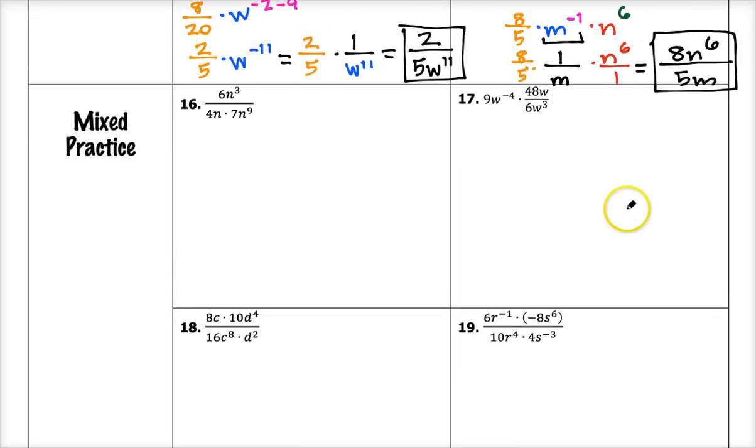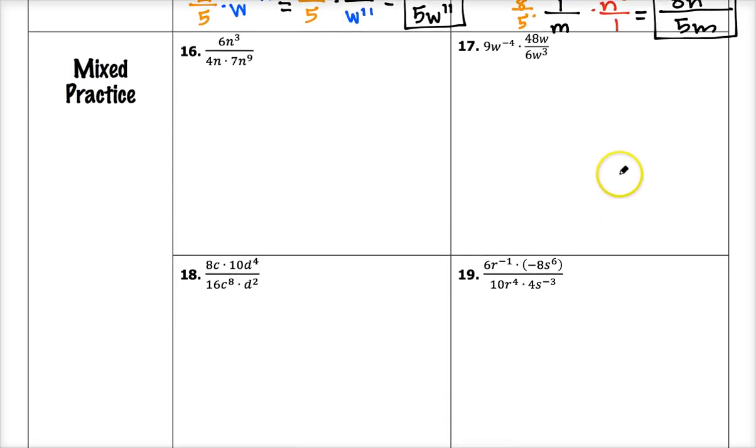Okay, finally here we have some mixed practice. So we're going to practice both the product rule and the quotient rule here in these examples. Number 16, we have 6n to the 3rd over 4n times 7n to the 9th. So I'm going to start this problem out by simplifying my denominator first.